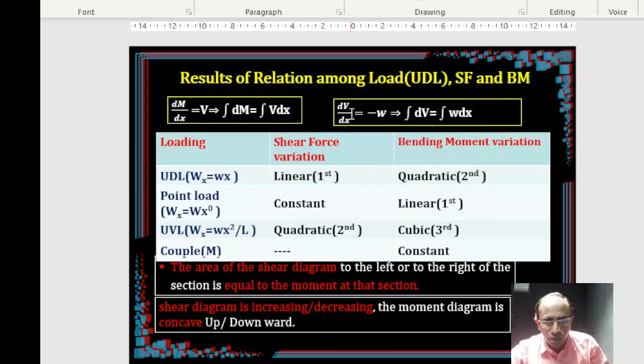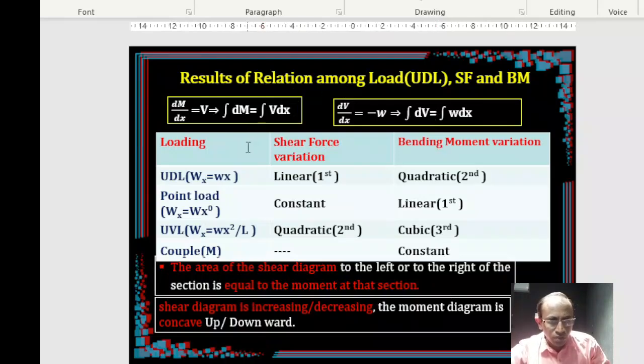And similarly, if you want the variation in the shear force between two points, dV by dx, the rate of change of shear force, is nothing but the load. This can also be written as: the change in shear force between those two points can be obtained by finding the area of the loading diagram between those two points. These are the conclusions actually.